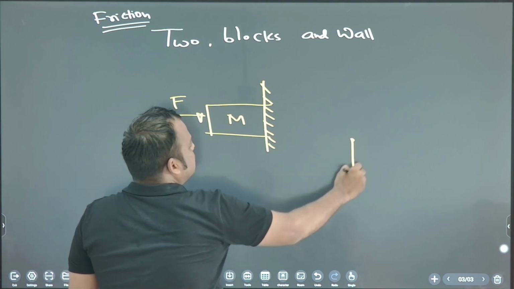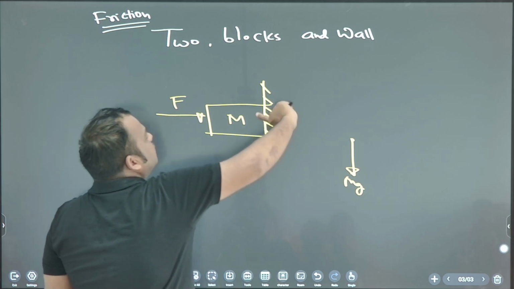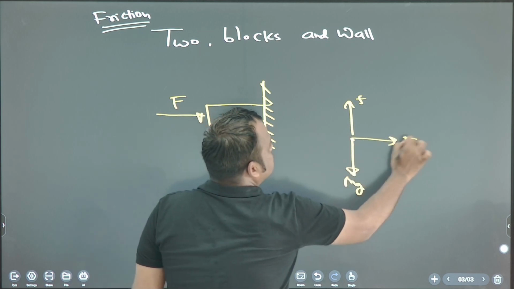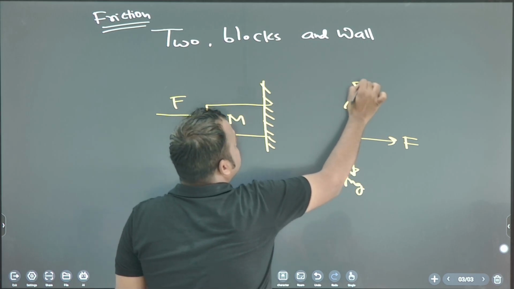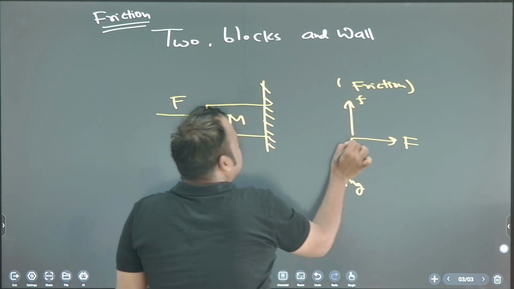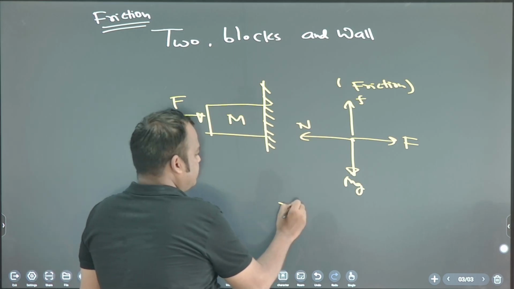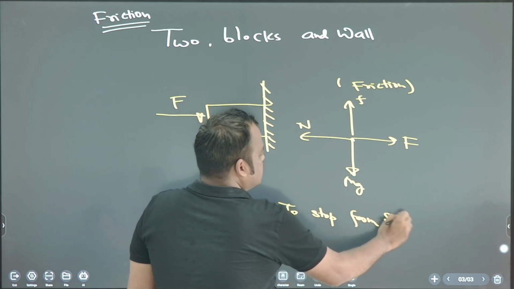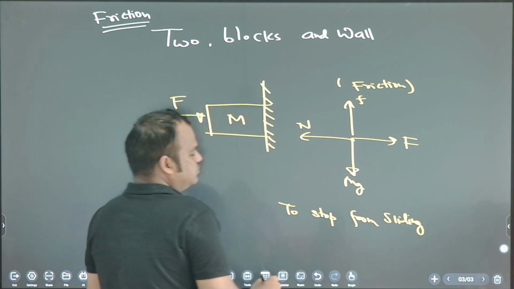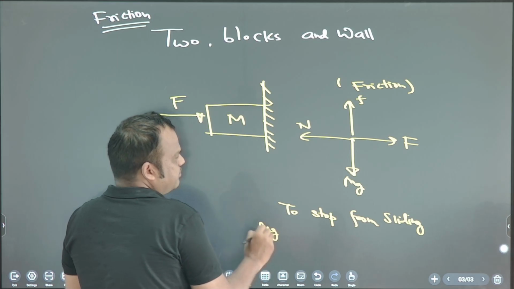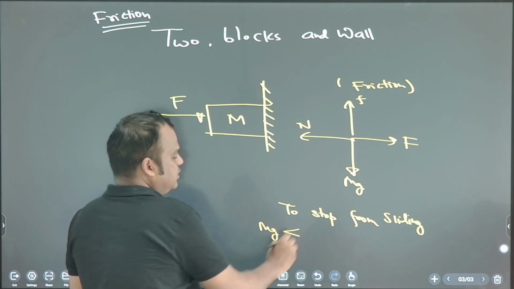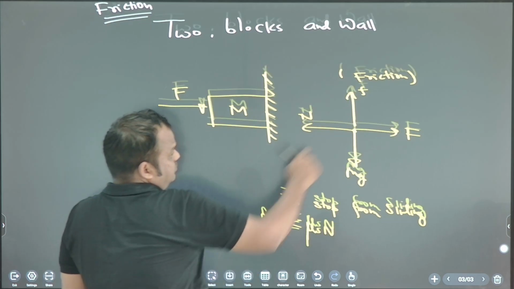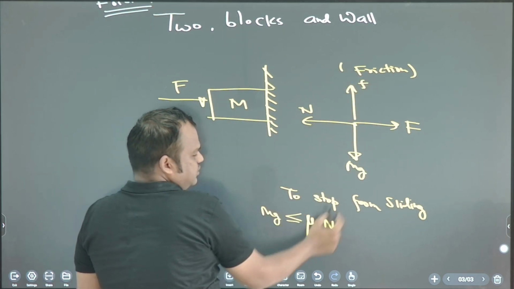What is the downward force? Mg. Friction will act up, and capital F is on the right side. Small f means friction. Normal is to the left. To stop it from sliding, mg must be less than or equal to mu s N, the maximum value of static friction.